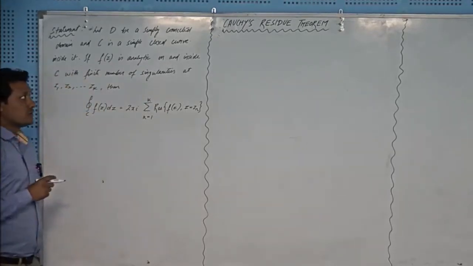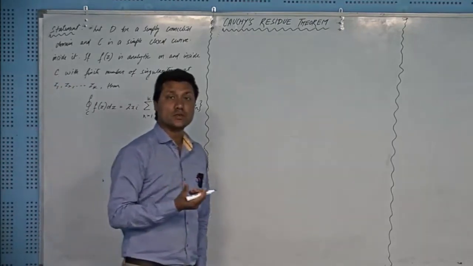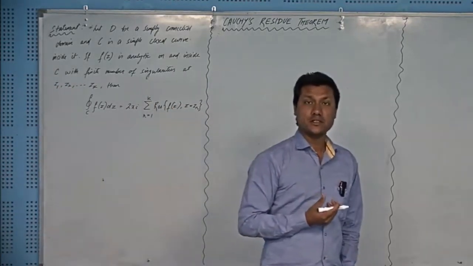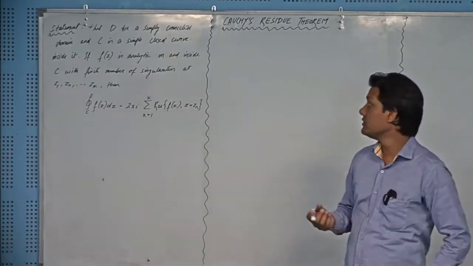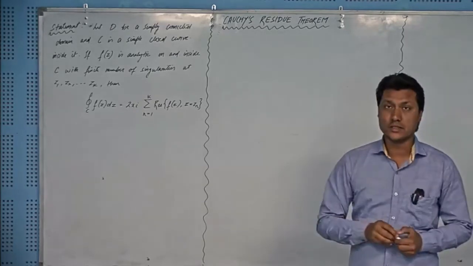So this is the statement of Cauchy's residue theorem. It says that you have a simply connected domain D. By simply connected, we mean a domain D without any holes inside it, and that's why we are calling it simply connected. So what do you need?